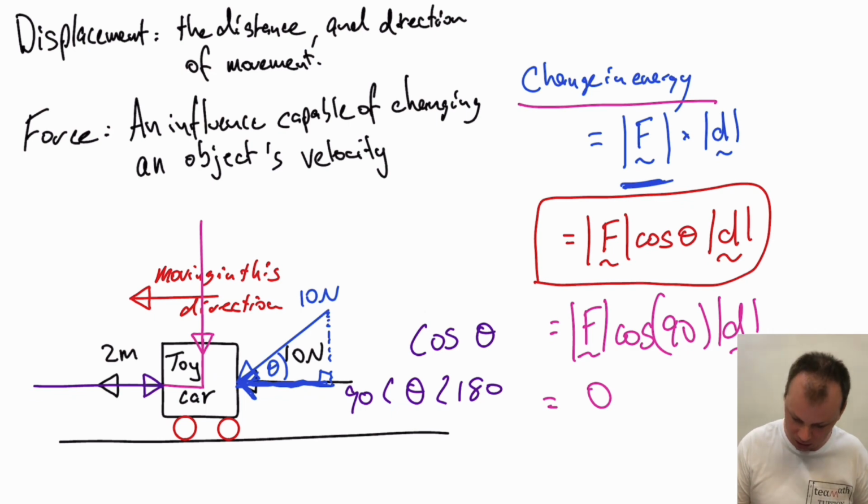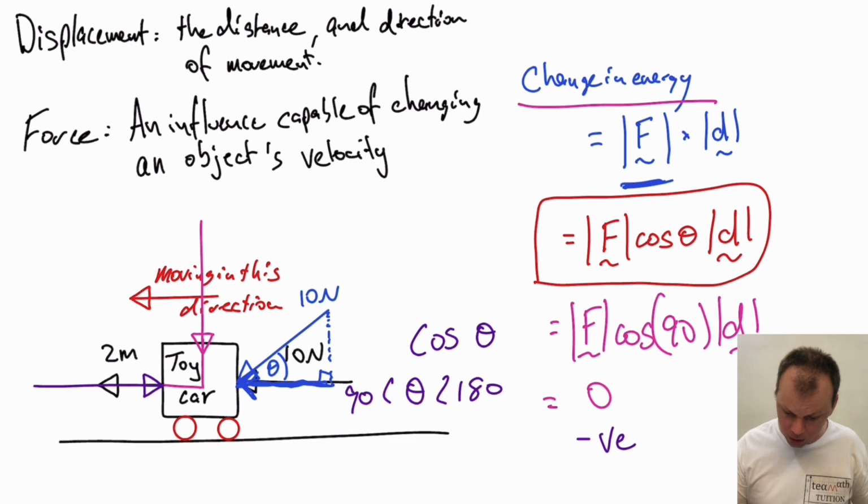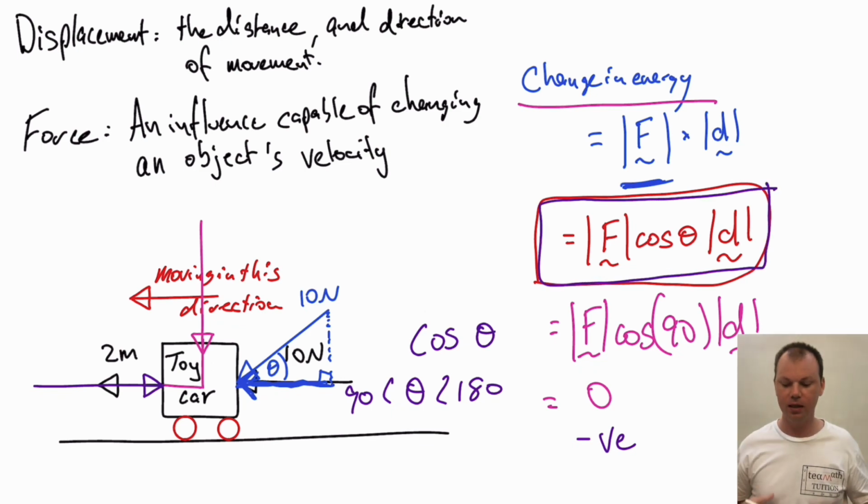So I get a negative energy change because we're slowing the car down. This formula gives us some idea about the change in energy of the car. It's also the formula for the dot product of two vectors.